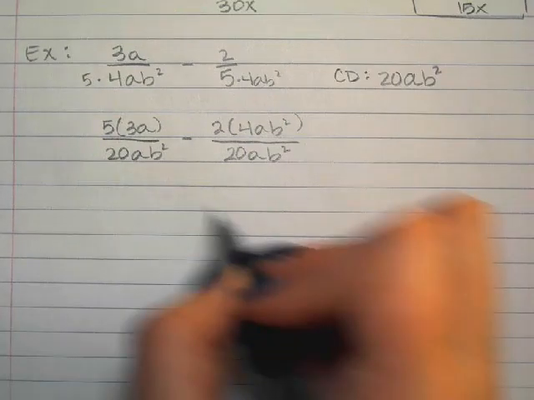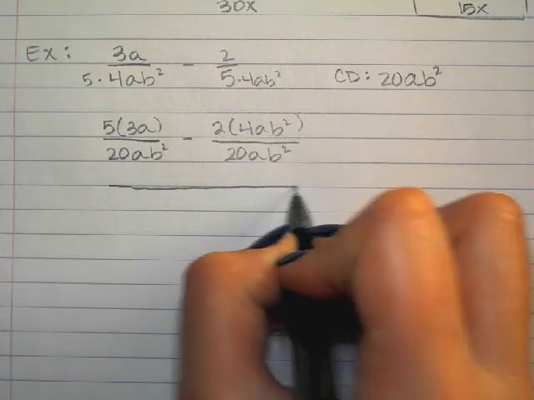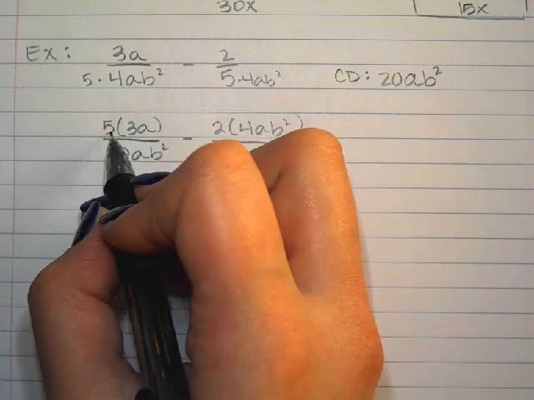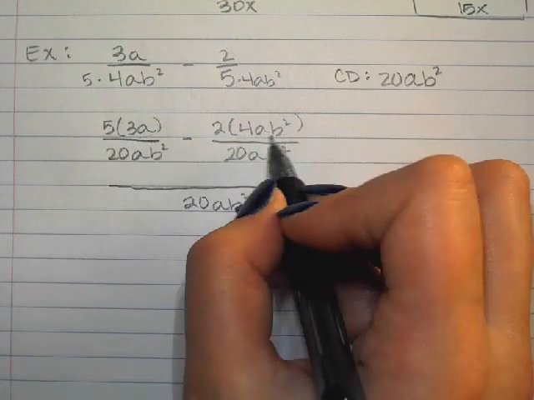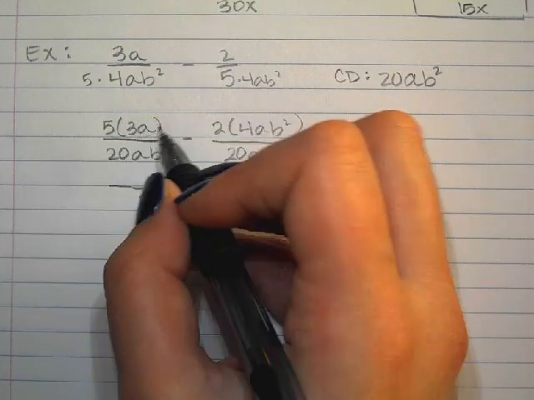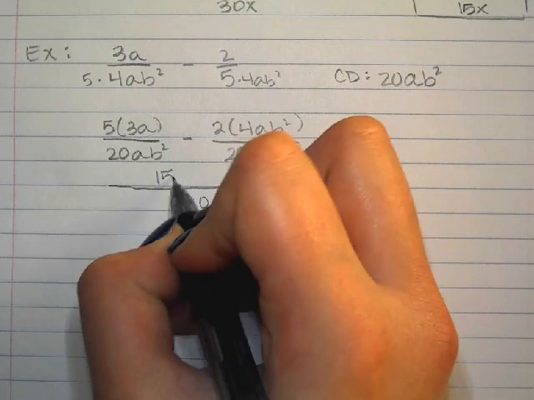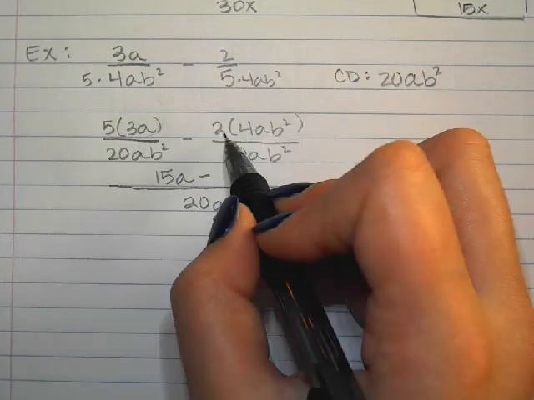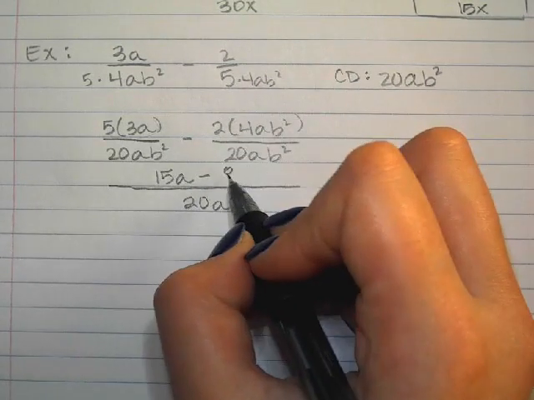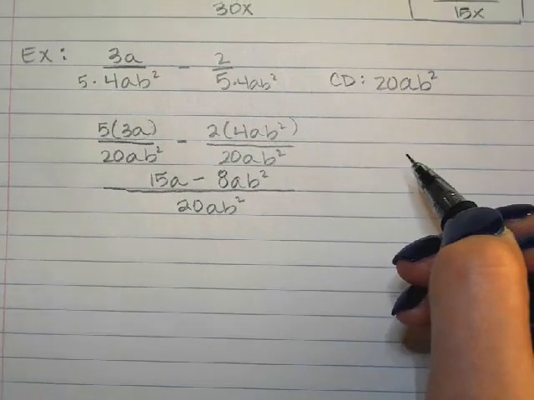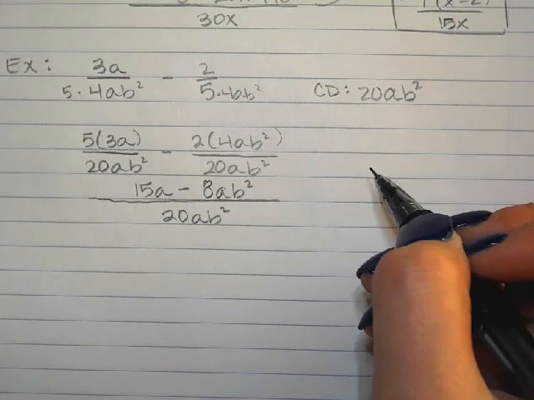All right, so we have that fraction. We have 20ab squared. Up here, 5 times 3a. Since these don't have any distributing, I'm just going to go ahead and multiply them right now. So 5 times 3a is 15a. 2 times 4ab squared, that's 8ab squared. So now I just need to see if I can factor the top at all.